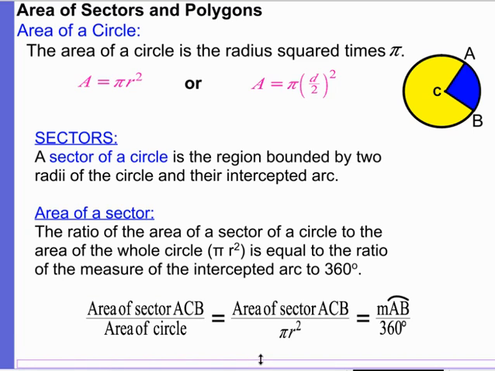So as a formula, we have the area of a sector ACB, so this sector, to the entire circle. And we replace the area of a circle with our equation pi r squared, and then the measurement of the arc AB to 360 degrees.